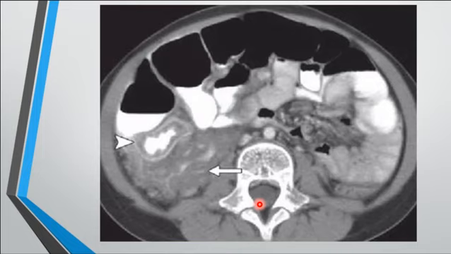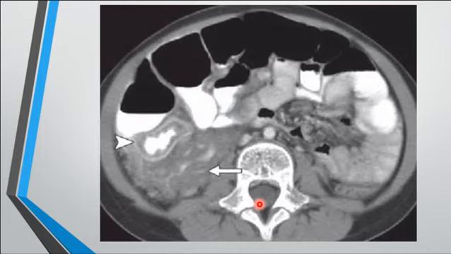The problem I've noticed with most of you in the board exams is that we don't focus enough on the clinical history. Sometimes I give the resident that this patient is this age, presented with this and that, and he just ignores it.